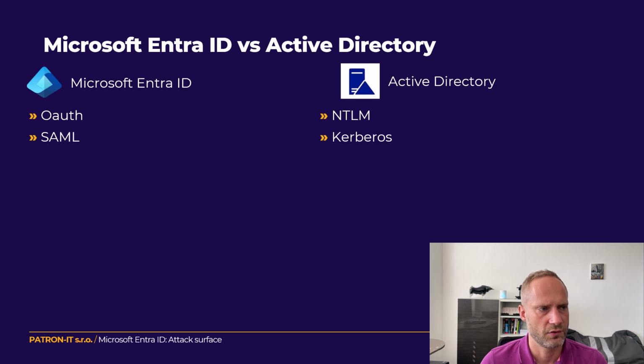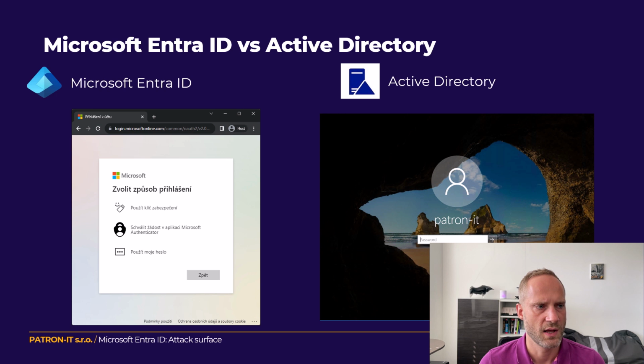The other difference is the authentication mechanisms which are being used. On Active Directory, we have NTLM and Kerberos. On the other side, on Microsoft Entra ID, it's primarily OAuth and SAML. And as well, what's different are the login prompts which you can see.